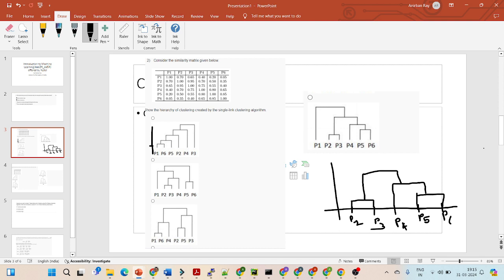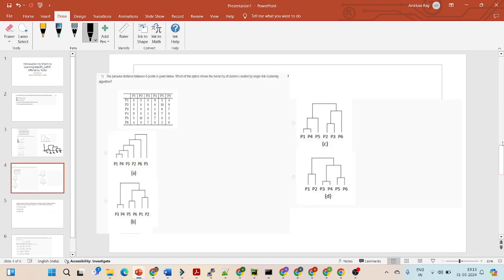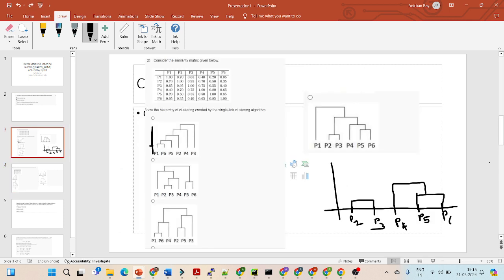P4 and P5 at 0.8, and 0.75 we have also included, right?